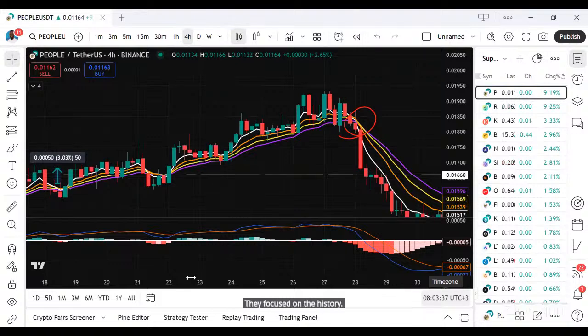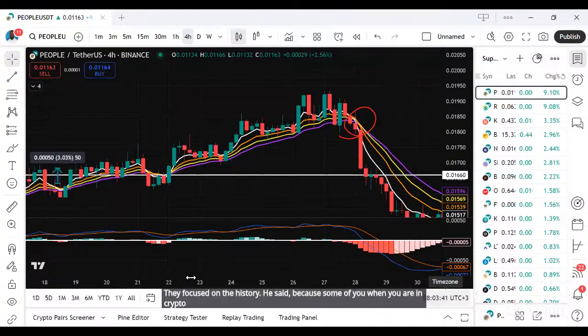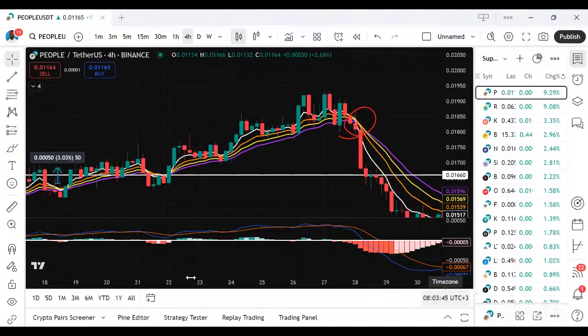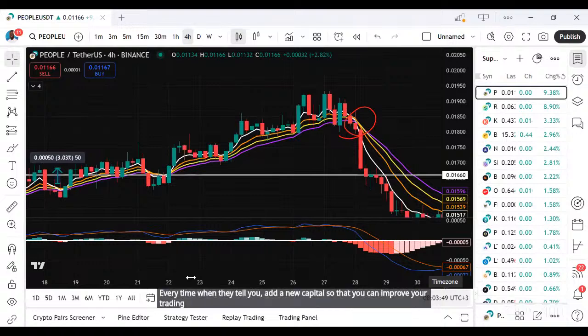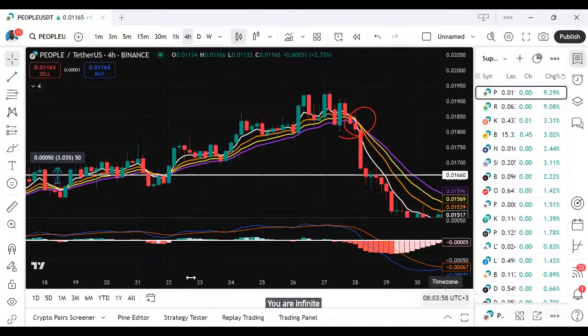It's like some of you, when you are in crypto, you focus so much on your floating loss. Every time they tell you to add new capital so that you can improve your trading, it is true that in the past you were trading without skills and you made some mistakes. You are everywhere: I'm in floating loss. That's what happened to Real Madrid. They focused on their floating loss.